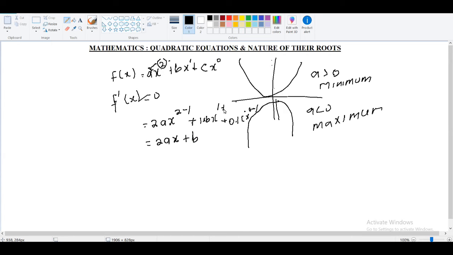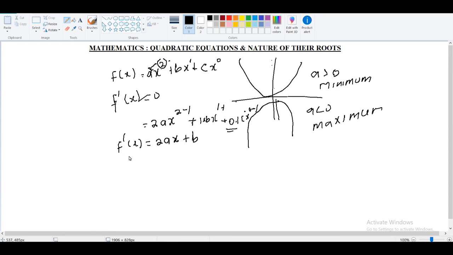X to the power 1 minus 1 gives x to the power 0. Anything to the power 0 is 1, so there's no need to write a 1 there. Here anything times 0 is 0, so you don't mind that part, because it's times 0. So you get your first derivative of your function of x equals to that.